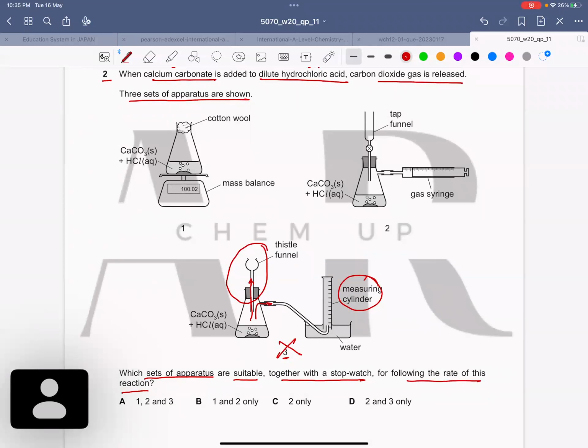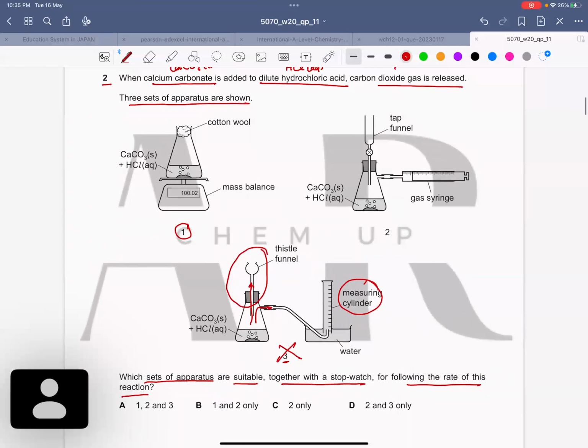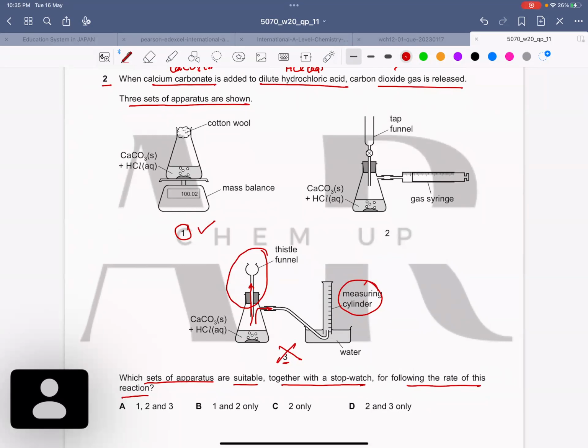And we can use the set of apparatus 1, because due to the cotton wool the gas is released gradually, and we will observe a decrease in the mass balance. So we can record the decrease in the mass balance over intervals of time to find the rate. In the same way, in the set of apparatus 2, we see that we have a stopper, so no gas can escape from over here.